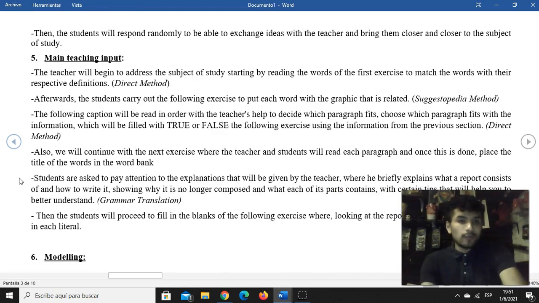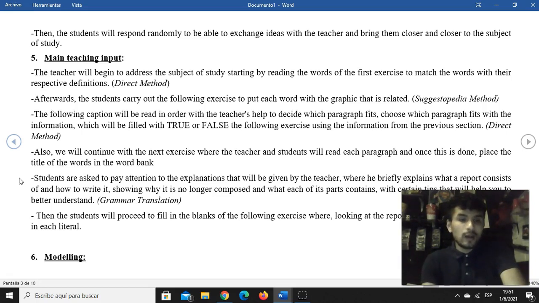Main teaching input. The teacher will begin to address the subject of study by reading the words of the first exercise to match the words with their respective definitions. Here I'm going to use the direct method, because students in English have to infer the meaning of the words to realize the activity.